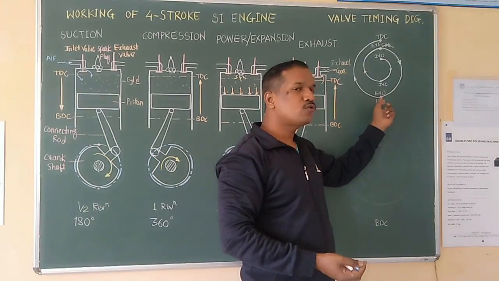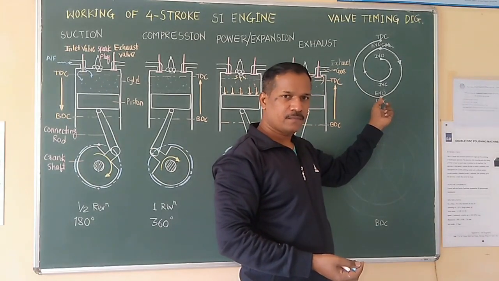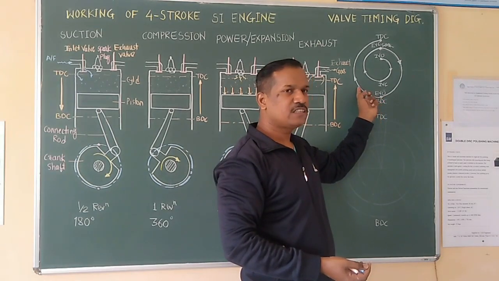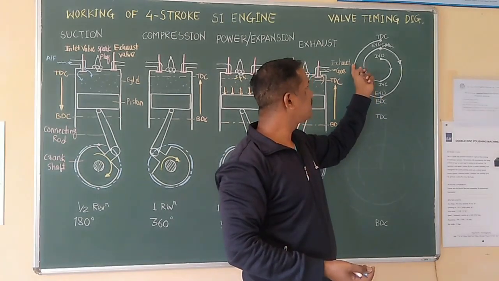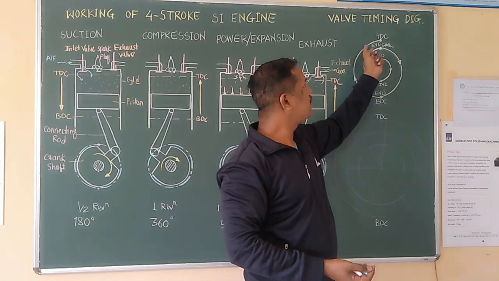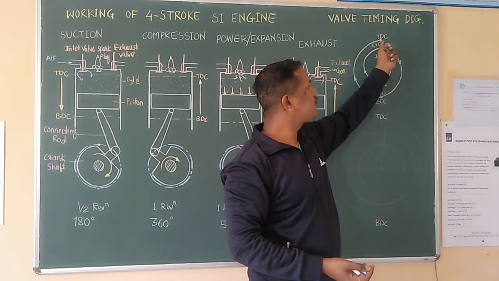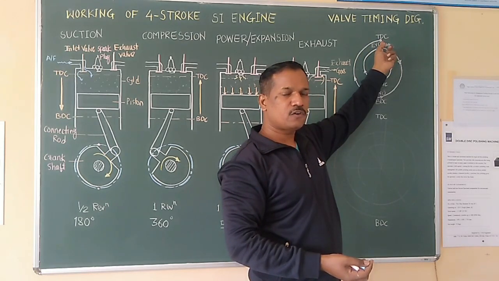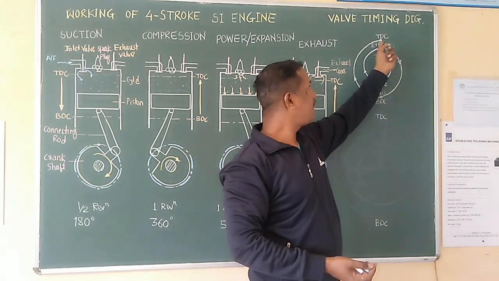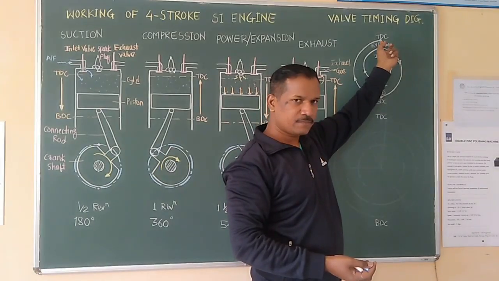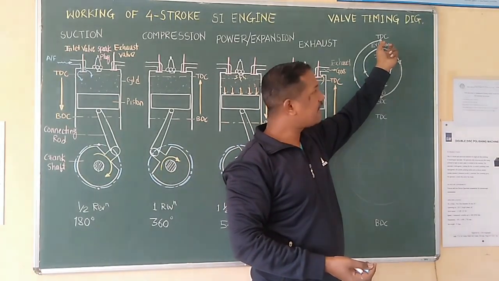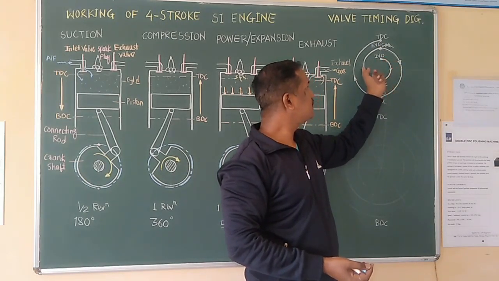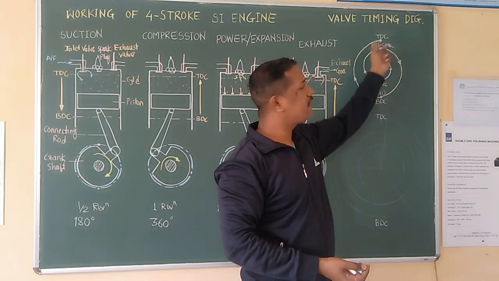At that time, the exhaust valve gets open, and when the piston moves from BDC to TDC, exhaust gas moves out through the exhaust valve, and this continues till the piston reaches TDC. When the piston reaches TDC, almost all the exhaust gas has moved out and the exhaust valve gets closed. So the cycle is repeated. In the next new cycle, inlet valve open, then suction, compression, power, exhaust.